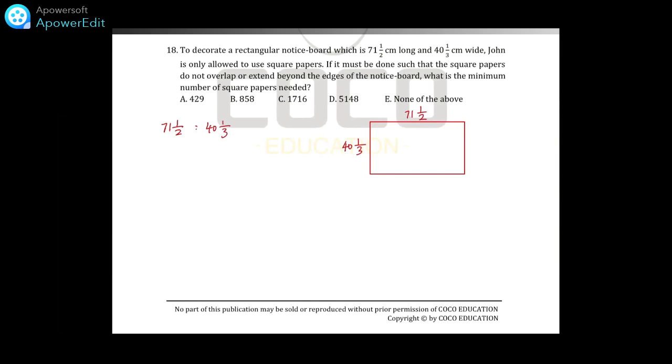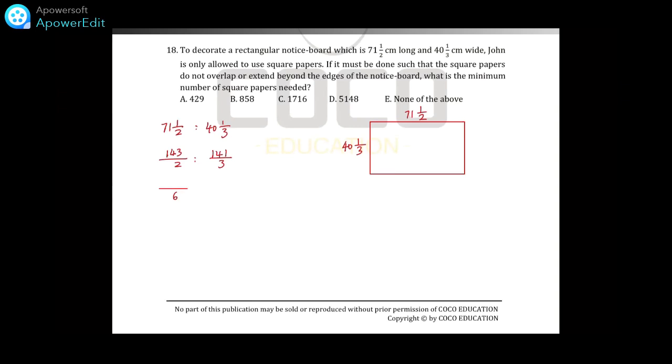So first, change it into an improper fraction. That's 143/2. The second one is 141/3. Now let's do the conversion. Get the same denominator.